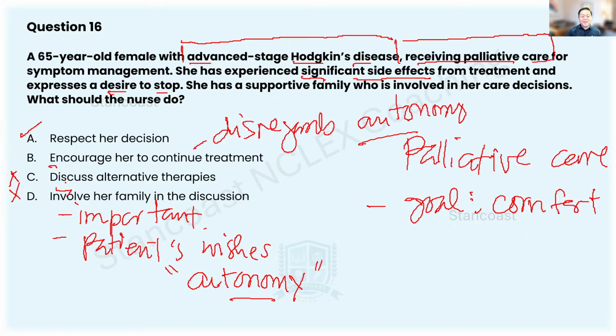We don't want any more invasive procedures. No, not even life-prolonging alternatives. This is not recommended in palliative care. And it's quite sad when you are dealing with this kind of scenario, but you really need to respect the patient's wishes. All right. Now let's move on to number 17.